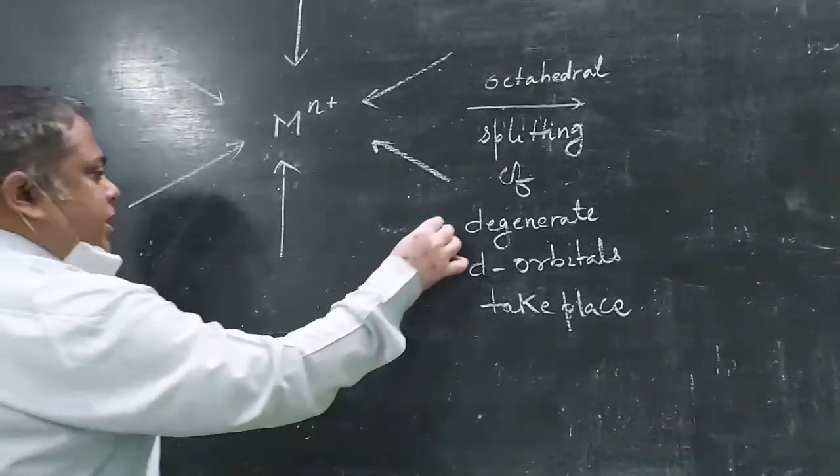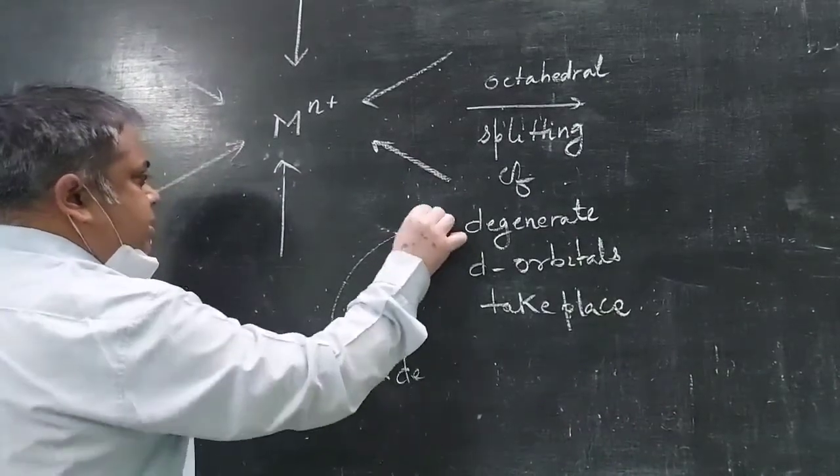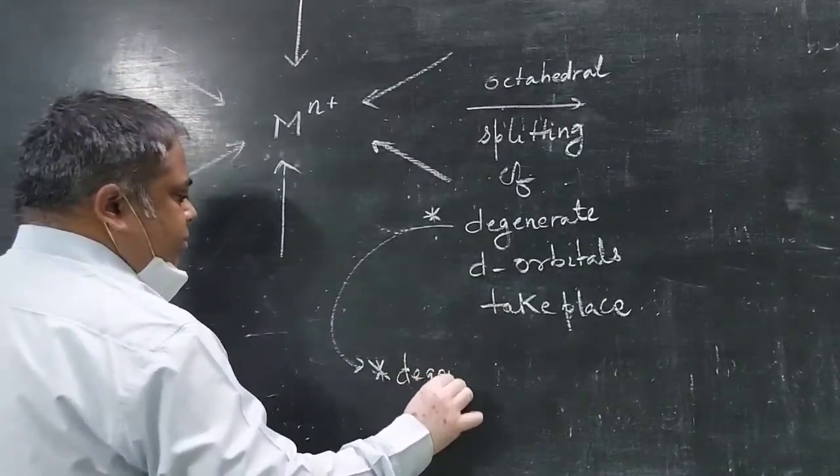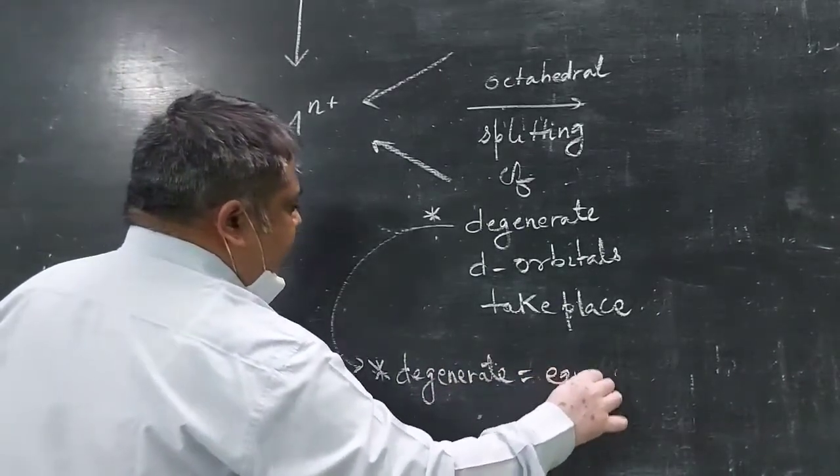What is the meaning of degenerate? Degenerate means equal energy level.